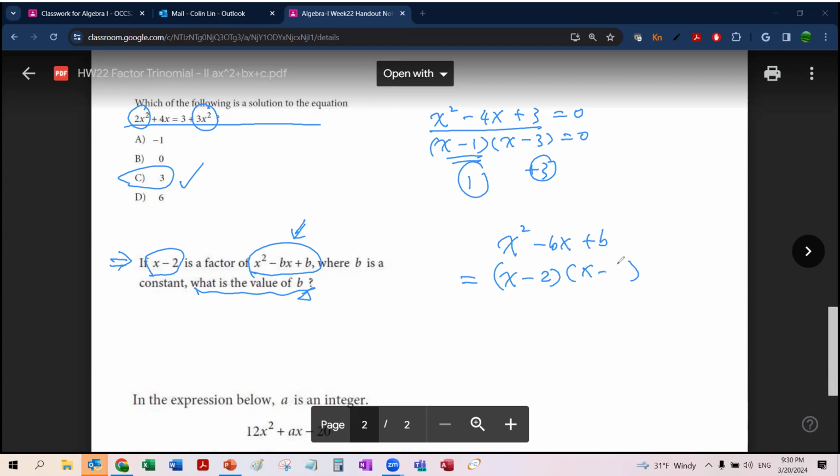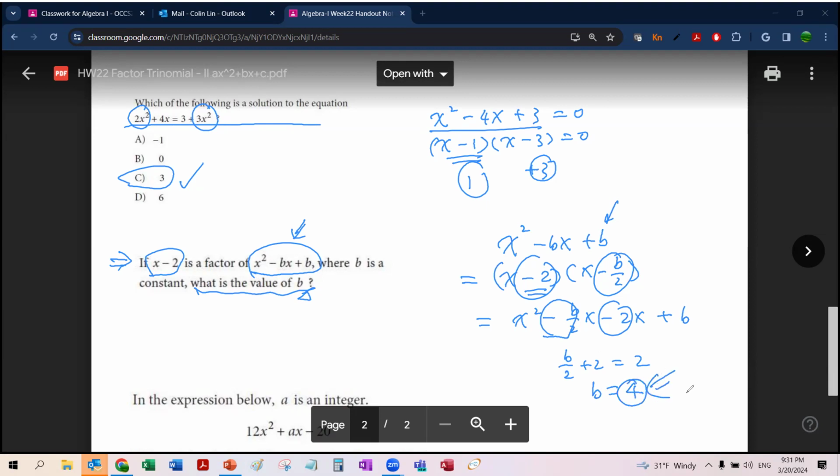So you distribute inside here, you can get x squared minus b over 2 x minus 2x plus b, right? So these two, it means minus b, 2 plus 2 equals 2, b equals 4, right?